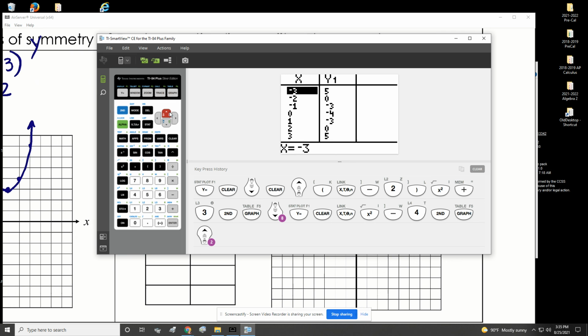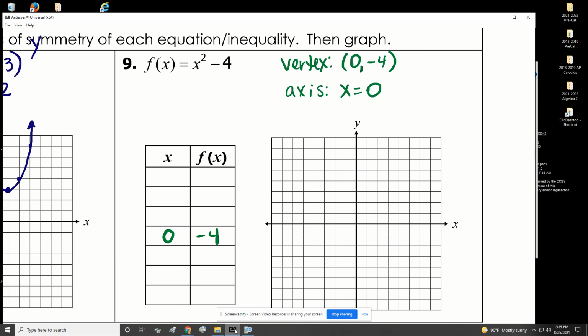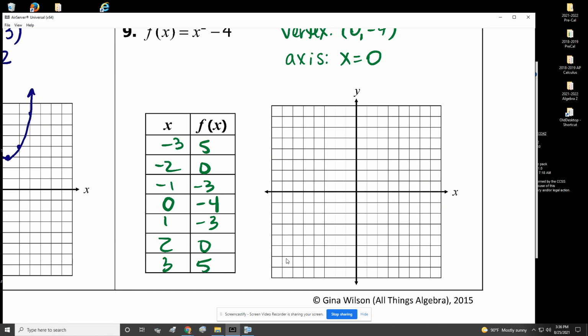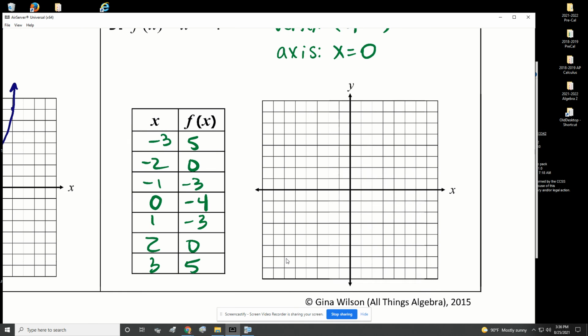So 0, -4 we'll put right here in the middle. And then I'll fill in the rest of my table. And then all of these points should fit on my grid.